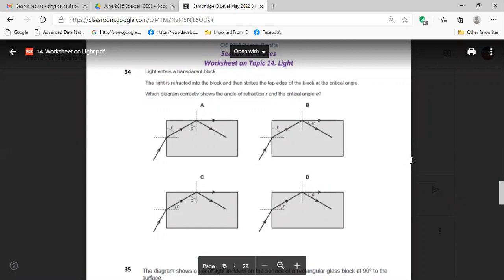always calculate the angles from the normal. If you are normal, if you are not normal, then you calculate it from other place. So is it clear to you?